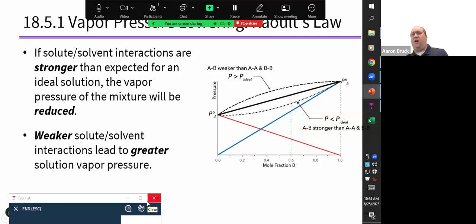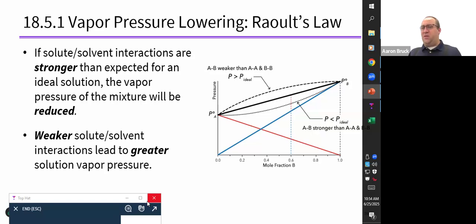Okay, so Raoult's law describes what we would call ideal solutions. That is, solutions that are going to generate results that are predictable according to Raoult's law. But that assumes one thing. That assumes that the intermolecular forces that are being generated in that solution are actually behaving ideally.